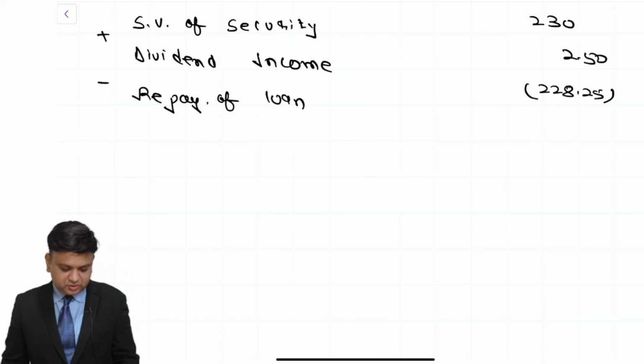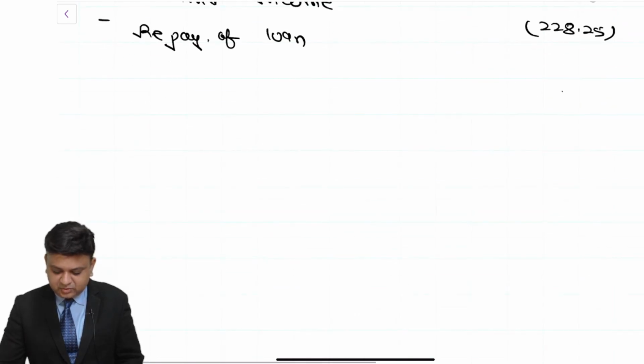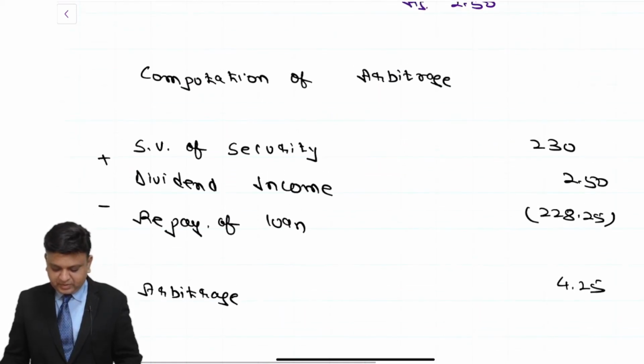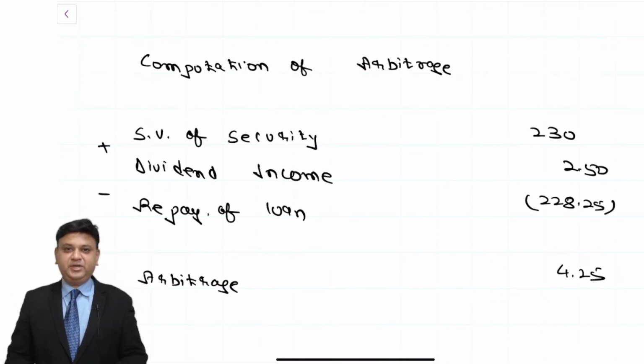So 230 plus 2.5 minus 228.25 will result in an arbitrage of 4.25. This is the way we will have the arbitrage opportunity.